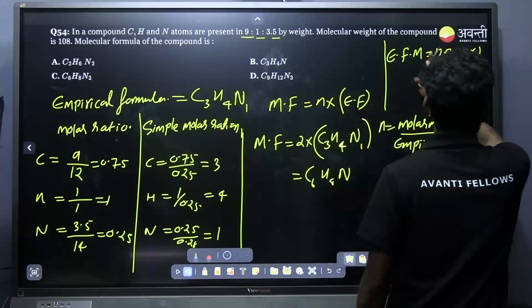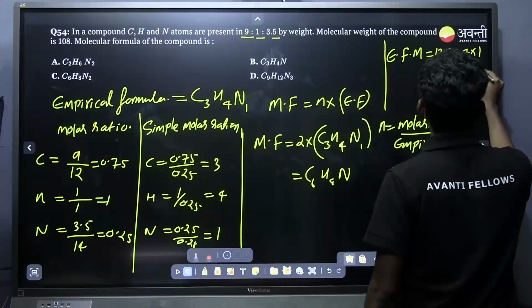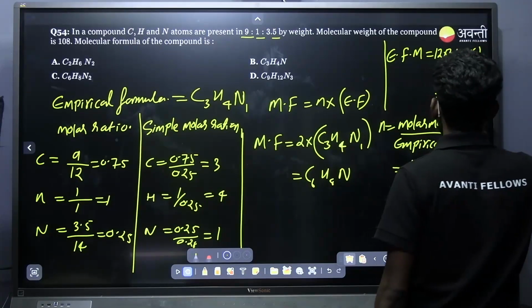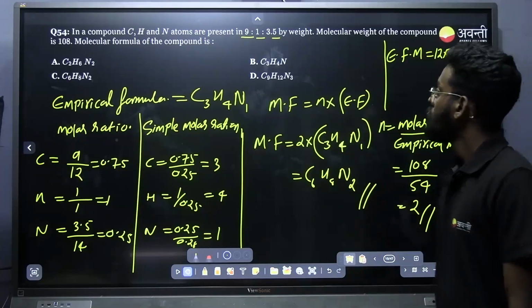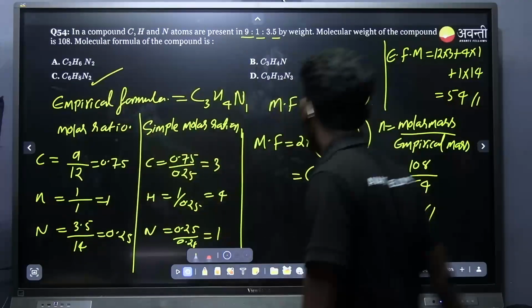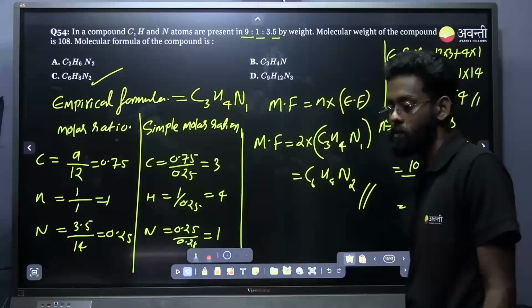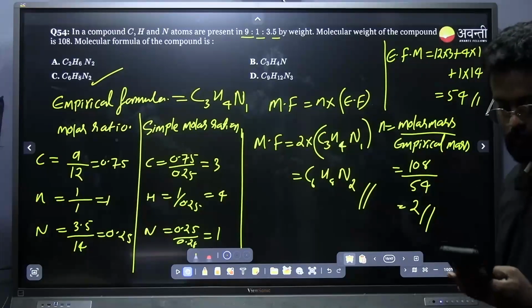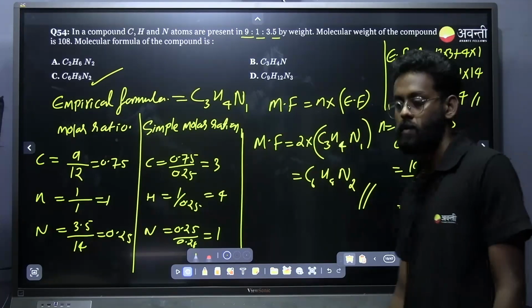So here it is 12 into 3 plus 4 plus 1 into 14, equal to 54. Yes, N2. C6H8N2, so the correct answer is C. Got it, everyone? Is it clear to everyone? Shall I move to the next question?